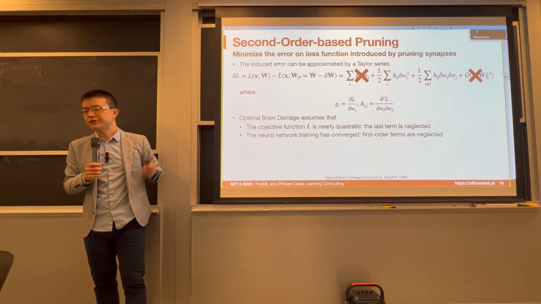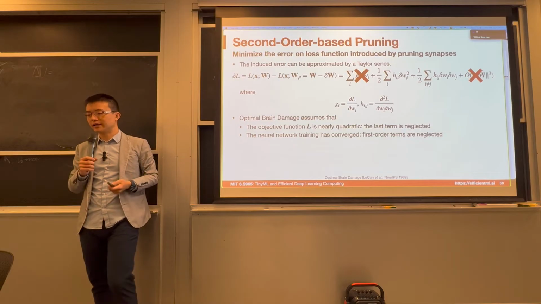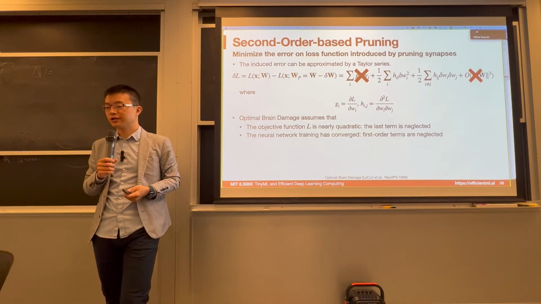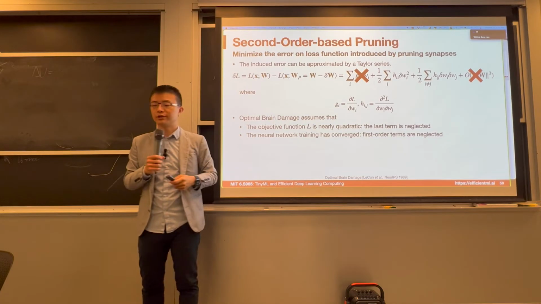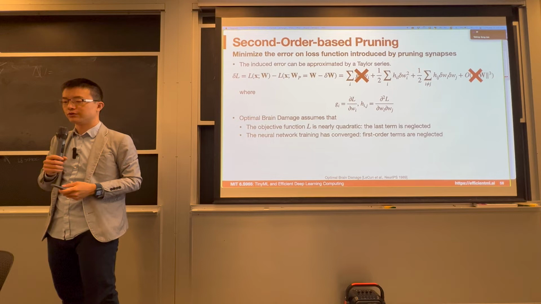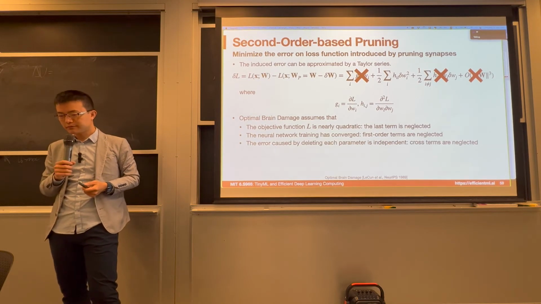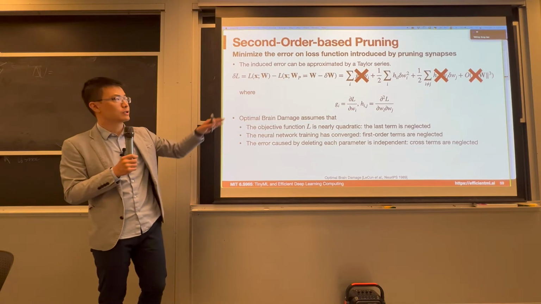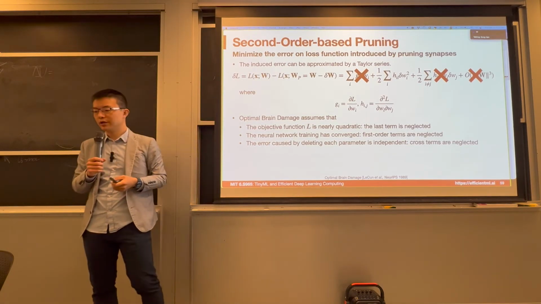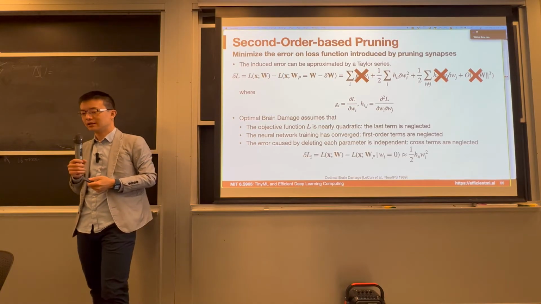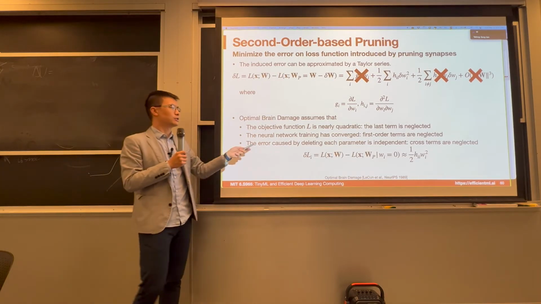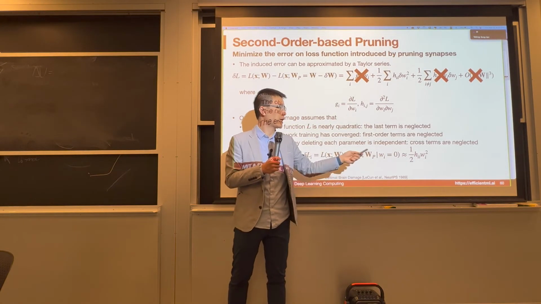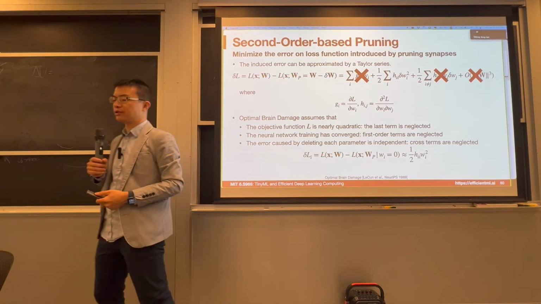The first order term is also negligible because the neural net training has converged, so the first order G is close to 0, and we neglect that term. Also, the errors for different parameters are independent, so the cross terms are also neglected. So we just approximate the change of the loss function with respect to the pruning of the weights to be the second order derivative.